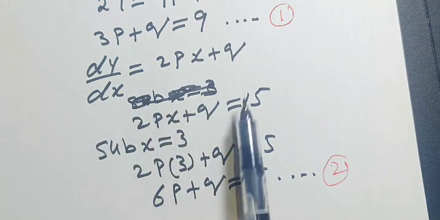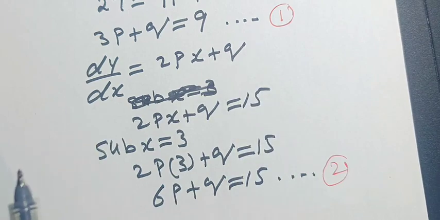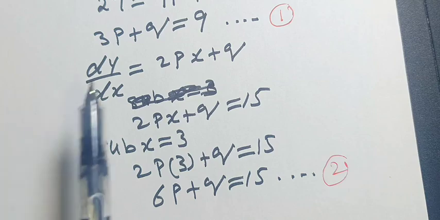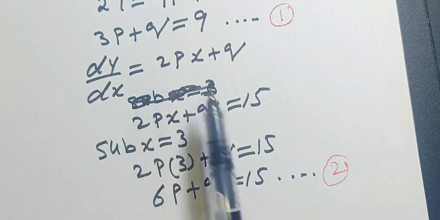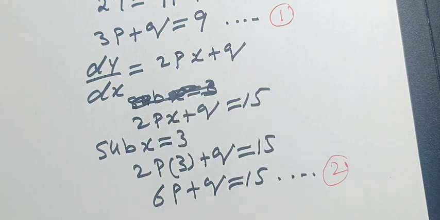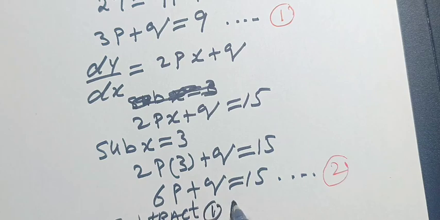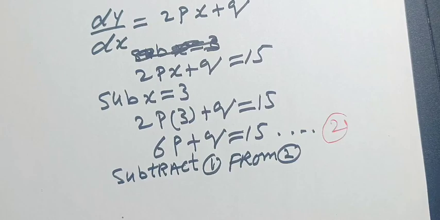So we're going to subtract 1 from 2. We got the coefficients of p, 3 and 6. 6 is the bigger coefficient than 3, so that's why I'm going to subtract 1 from 2. In the previous question I solved by the substitution method, and this one I'm going to solve by the elimination method.